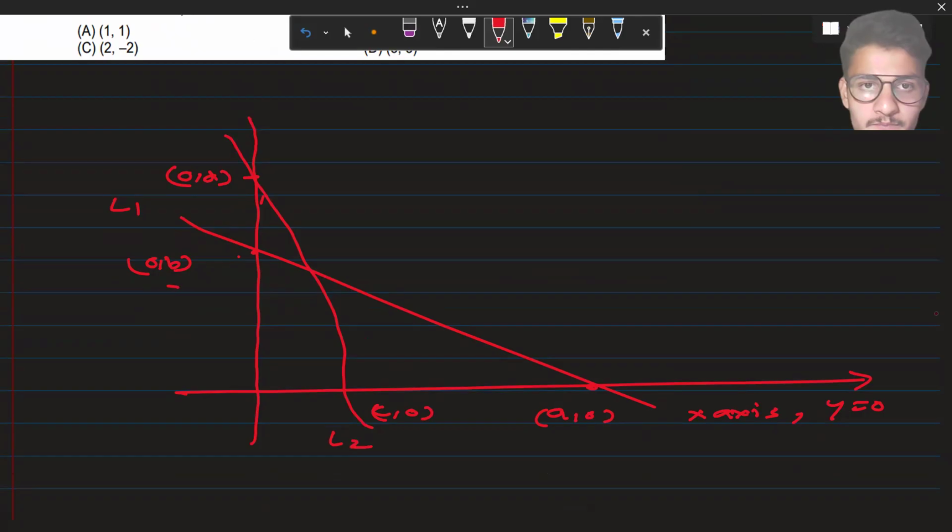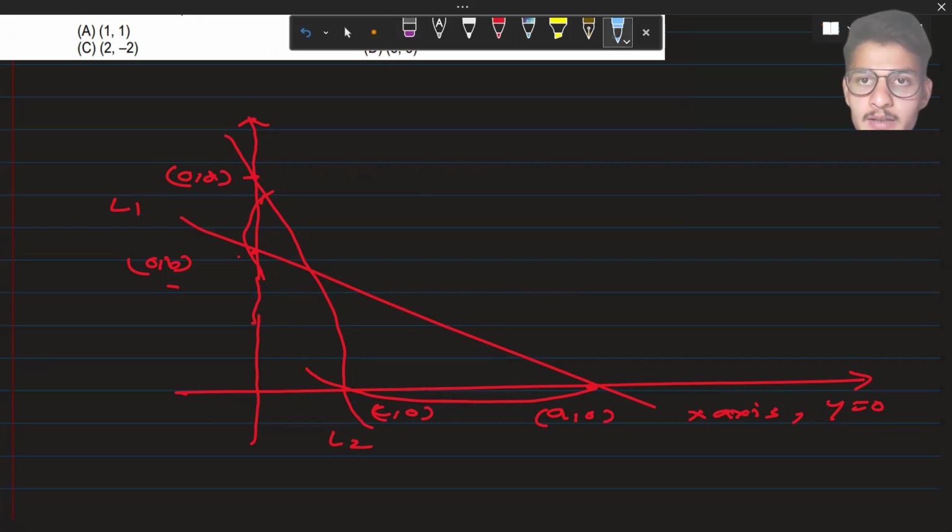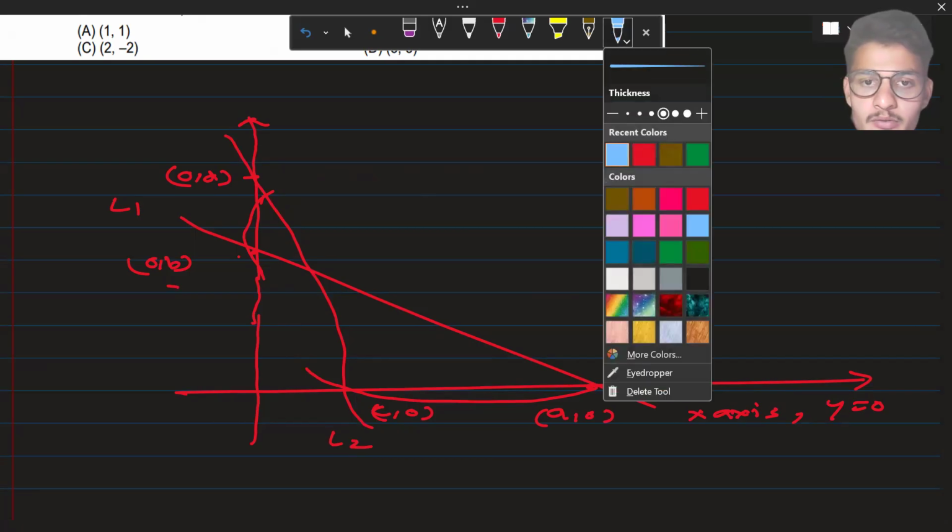All right. Now a circle is passing through them. Although it is not looking like a circle, it's a circle. Through all those 4 points, a circle is passing. We will draw with a different color, then it will be easier to understand.